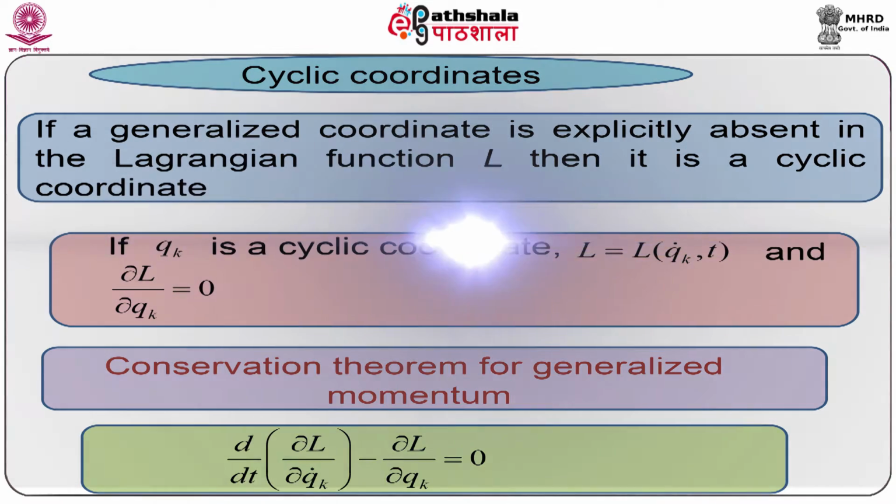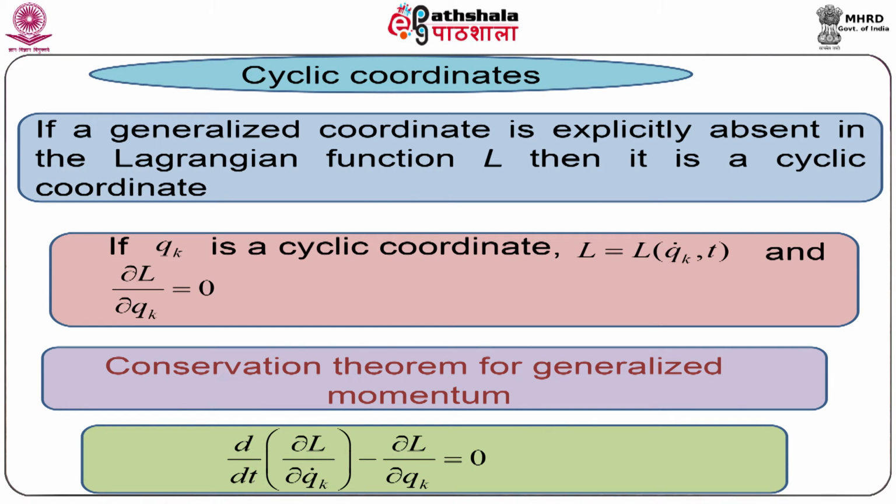That is, in this case, we have L equal to L of qk dot and t. Thus, we have del L del qk dot equal to 0.